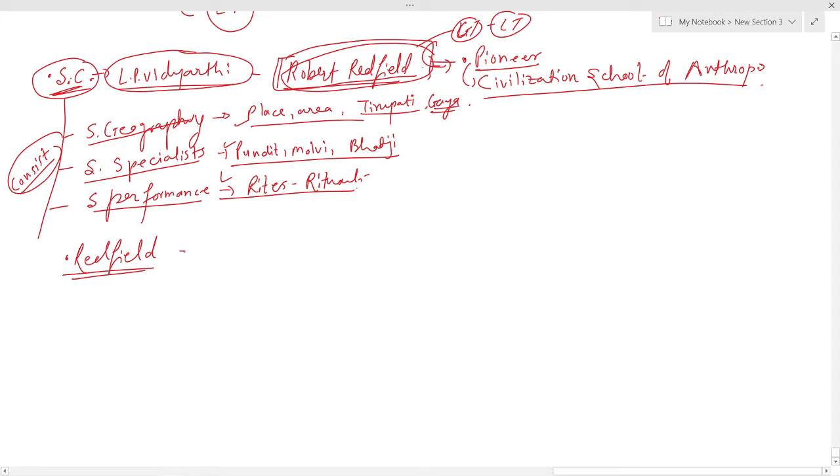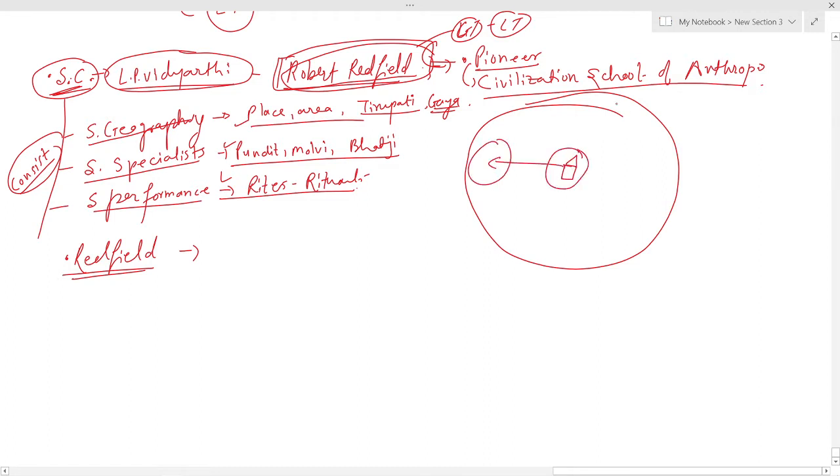So Redfield says that if this is a complex, the center of reference has to be somewhere at the center, and then there will be something at the periphery. Second is where the cultural interaction went on. In order to study the hypothesis, LP Vidyarthi studied the sacred complex of Gaya.